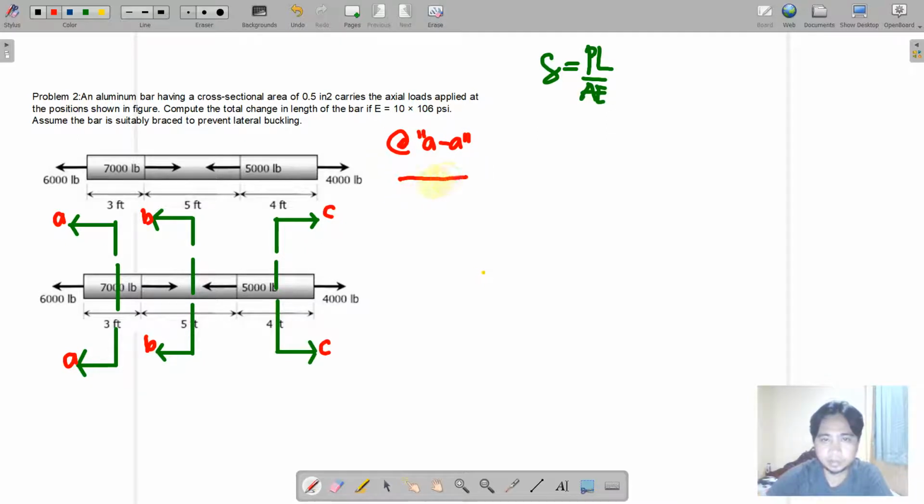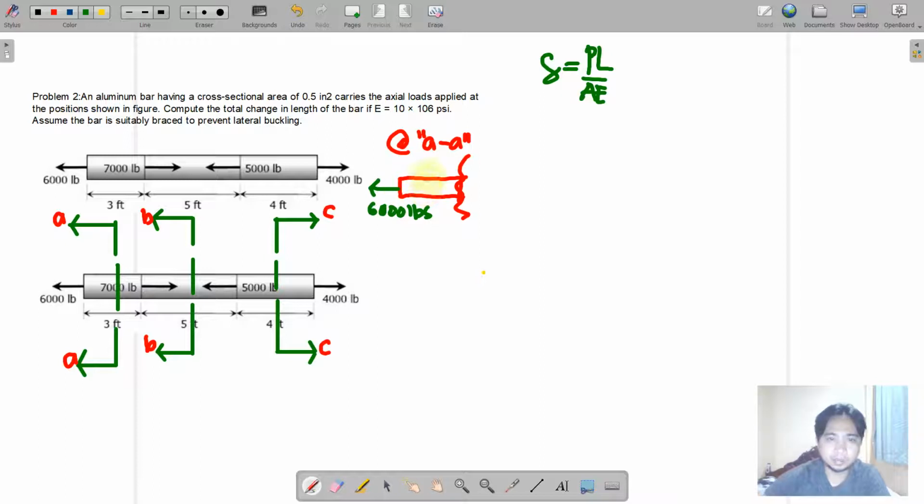If this is the first segment that is cut at this section, and then we are going to consider the left portion, the first force present here is 6,000 pounds, and obviously 6,000 pounds is an arrow moving away from the member.